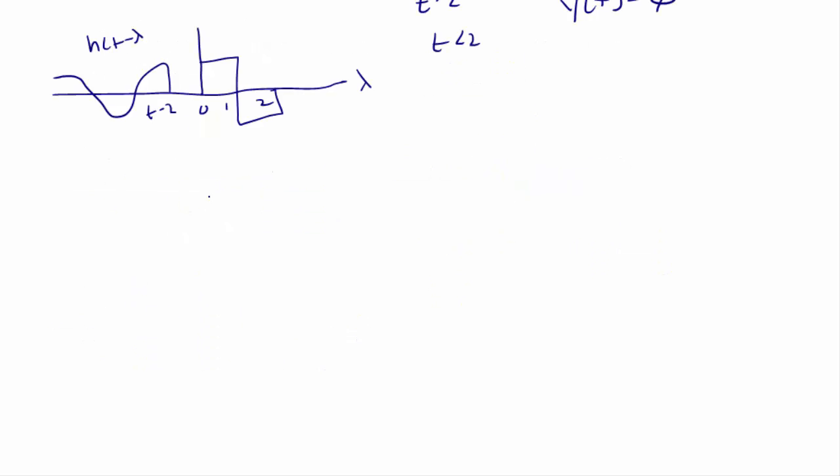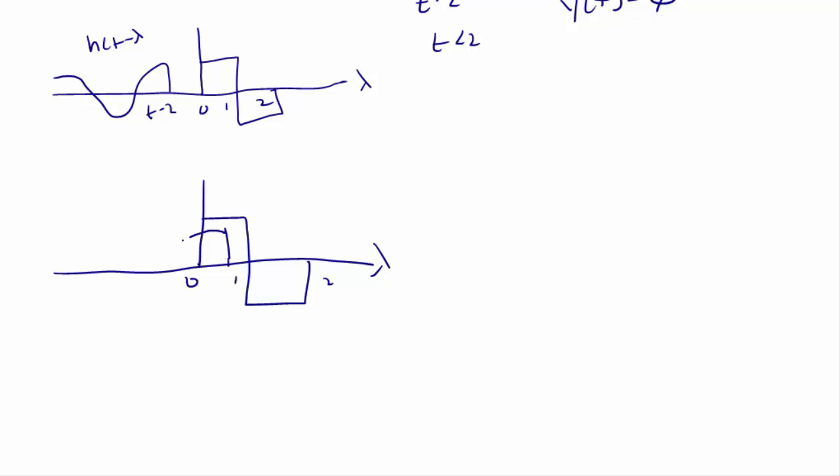Our next region is going to be when t minus 2 is between 0 and 1. So here's our sketch. Here's x of lambda, 0, 1, and 2. And h of t minus lambda is between 0 and 1. Remember, this does not necessarily have to be to scale as long as you understand the overlap regions.